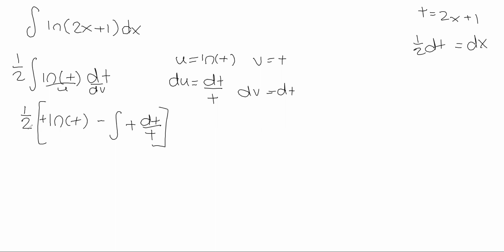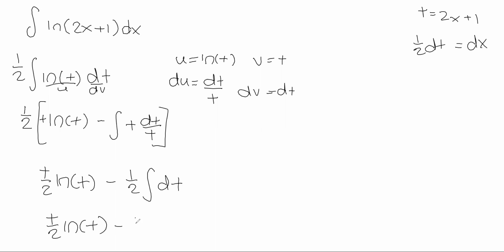We're going to have t over 2 times the natural log of t, minus 1/2 integral of just dt when the t's go away. So this is pretty simple to integrate. We know exactly what to do here. The dt is just going to turn into a t when we integrate.